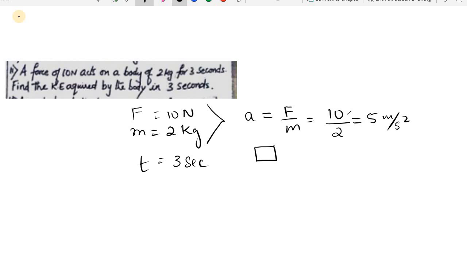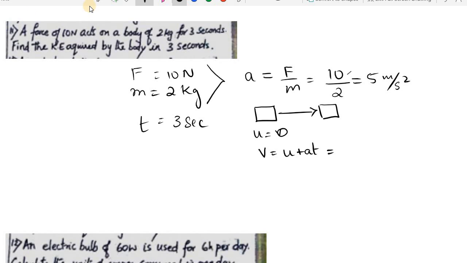If the body was initially at rest and for 3 seconds it was acted upon by this force, you can take the initial velocity u equal to 0. From the equations of motion, v is equal to u plus a t. This is the first equation of motion. Here u is 0, a is 5, which we have found out, and time is 3 seconds, so v is 15 meter per second.